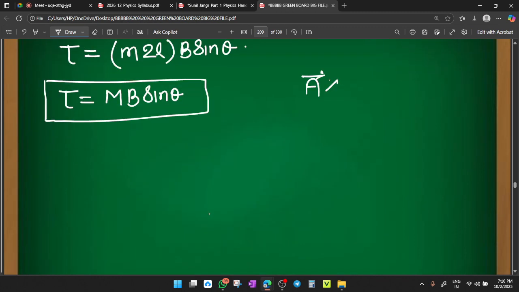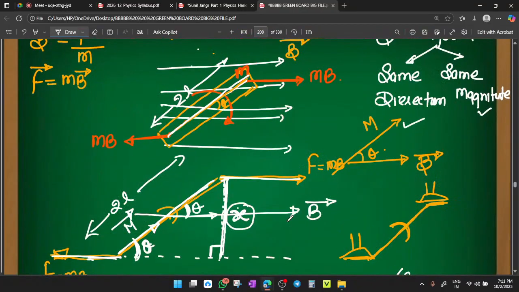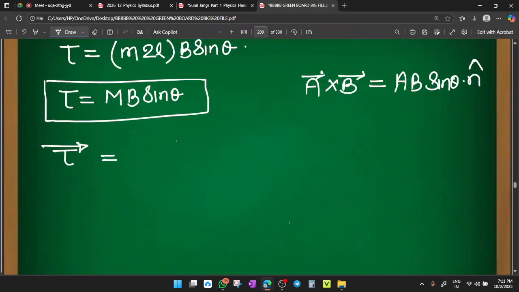You might know A cross B equals mod A mod B sine theta n cap. Clear? So in vector form, torque is called an axial vector, directed anticlockwise or clockwise. The direction goes along the axis by the right hand thumb rule. So torque in vector form is MB sine theta, and the direction is perpendicular to the plane given by n cap, right?